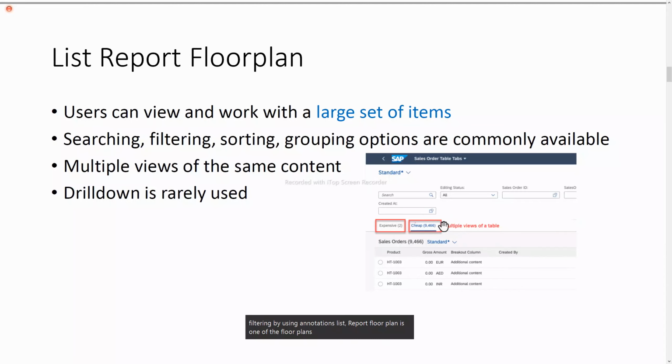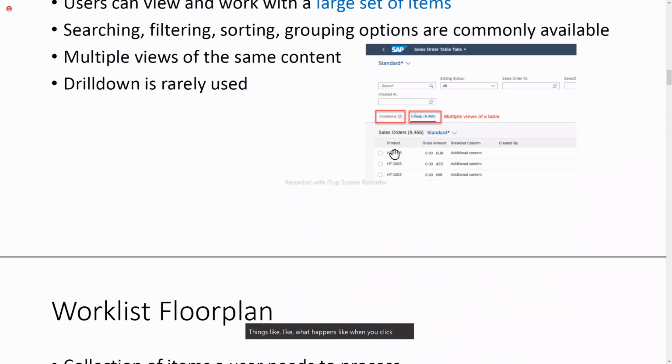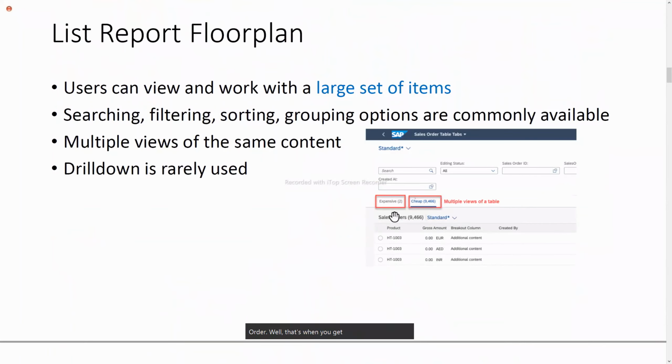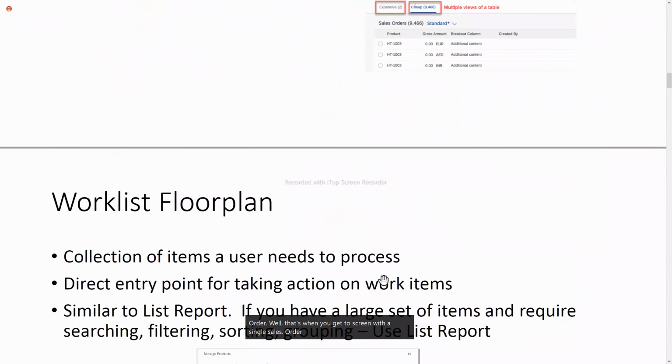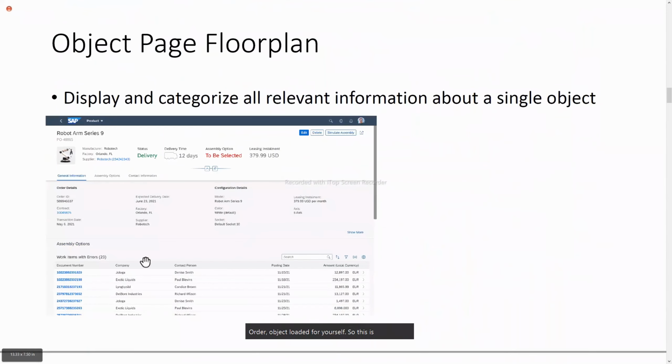Things like what happens when you click on a single sales order? Well, that's when you get the screen with a single sales order object loaded. So this is the object page floor plan, used to display the properties of the same object. So again, you don't code almost any of those.